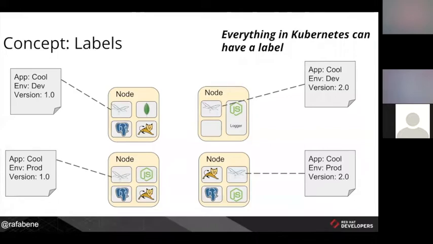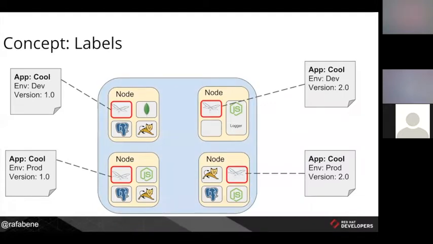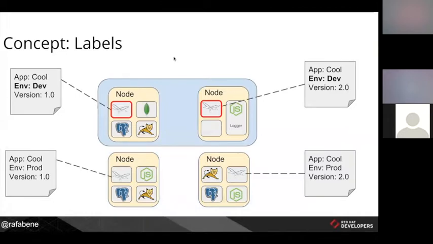So for example, of course, I have the 4 Wildfly applications deployed, but I also have Postgres deployed, I have Tomcat deployed, I have Node.js deployed. So suppose that I want everything related to my cool application. I can use a label, and that will bring me those 4 containers. Suppose that I want to know what's running on my development environment.